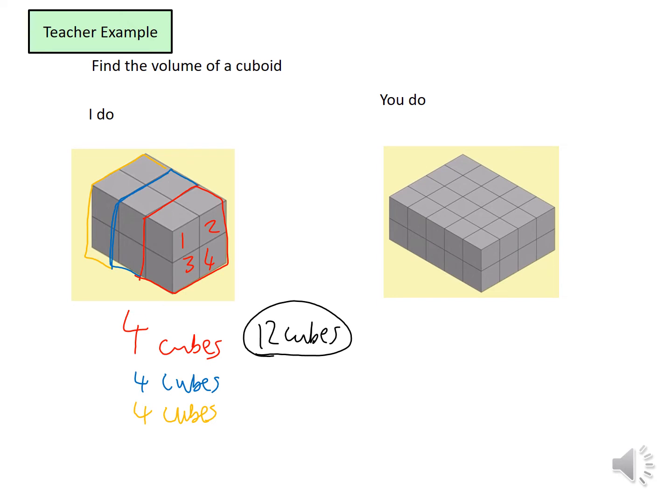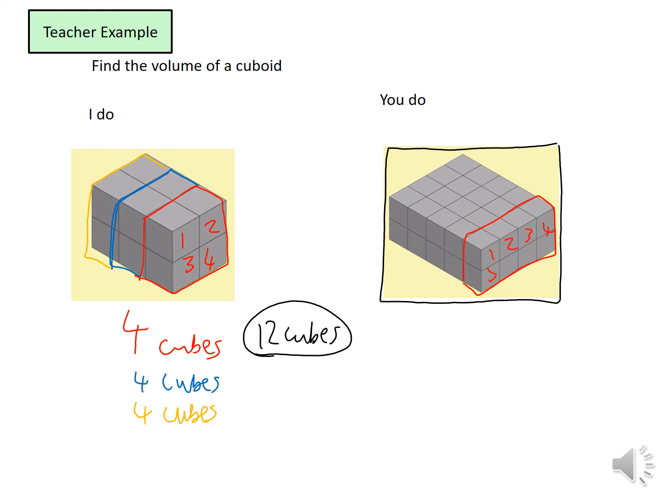What I'd like you to do now is to pause the video and have a go at calculating the volume, how many of the smaller cubes fit into the larger cubes on this side here. So if you can pause the video and resume it once you've done. Okay, so I'm going to give you the answer to this now. I'm going to quickly go through it. We have one area here where we have 1, 2, 3, 4, 5, 6, 7 and 8.